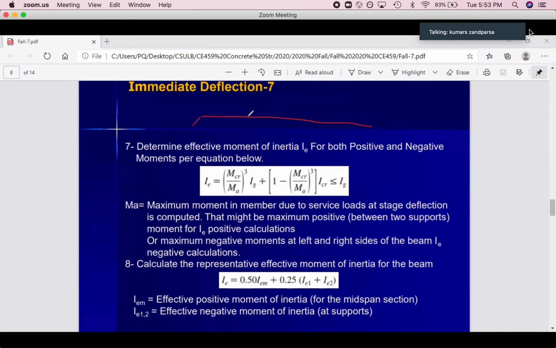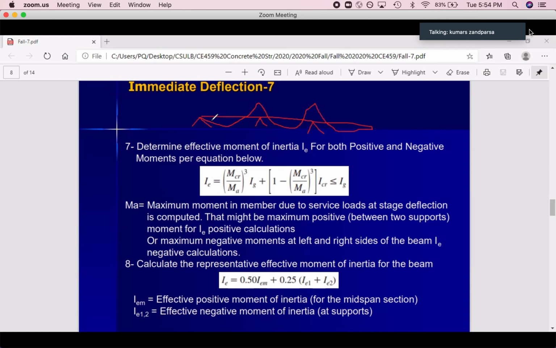Yeah, assume this is a continuous beam. It's hard to plot with this pen, but I'm doing it as good as I can. Okay, so imagine I'm going to calculate this for this span.